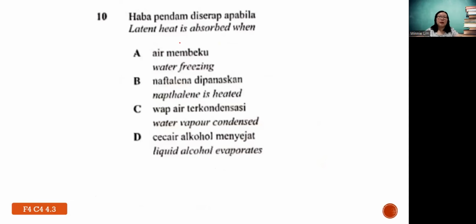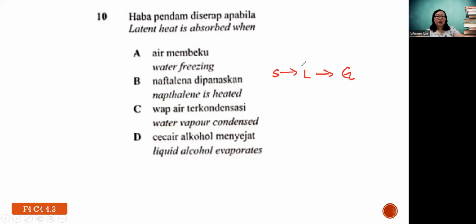Number 10, latent heat is absorbed when... Okay, bear in mind under this topic for specific latent heat, as you know, this latent heat is involved when there is a change in the state of the object instead of changing its temperature. So it's processes like melting, freezing, evaporation, condensation, and so on. Of course you need to know when the heat is being absorbed. Is the heat absorbed when you change the state from solid to liquid to gas?